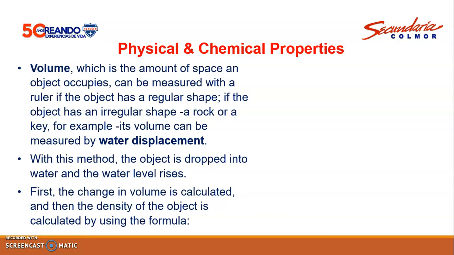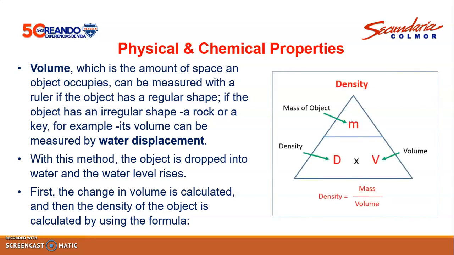So let's talk about the formula to calculate density, right? You are probably familiar with this triangle where mass is on the upper side of the triangle, and density multiplied by volume is on the lower side of the triangle.